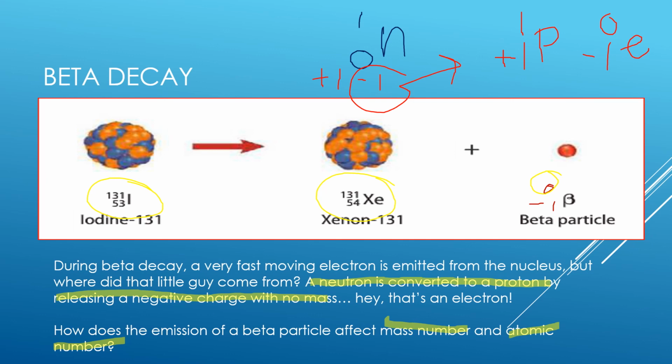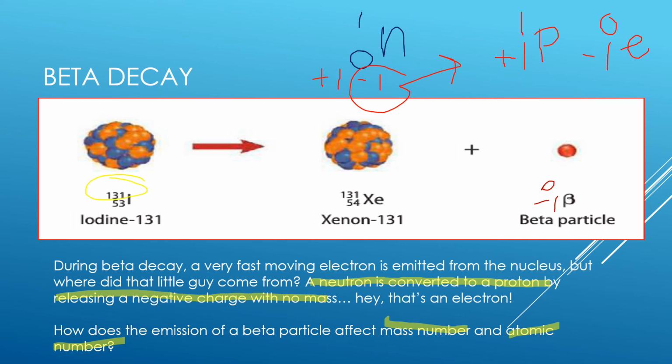One last thing before I move away from this slide, I want you to look at both sides. So let me try to get rid of some of my bonus stuff over here, and let me rewrite in that 0 and -1. What I want you to see is that the mass numbers and the atomic numbers on both sides should be equal. So on the left-hand side, I have a total mass of 131.